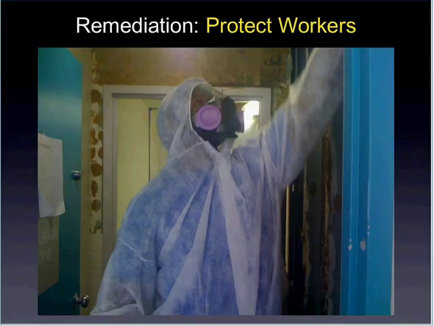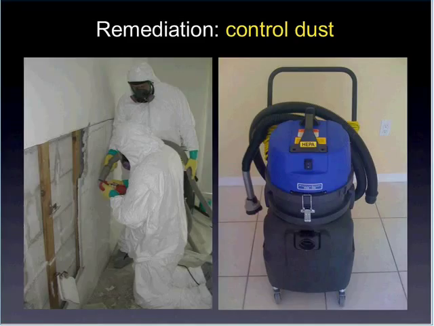Second thing we do is we protect the workers, either by disposable clothing or ensuring that clothing is laundered appropriately after use, respiratory protection, and of course training. These workers are using dust control methods as they're cutting through this drywall.